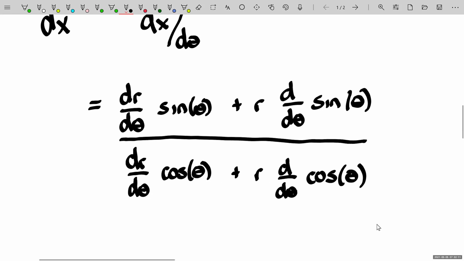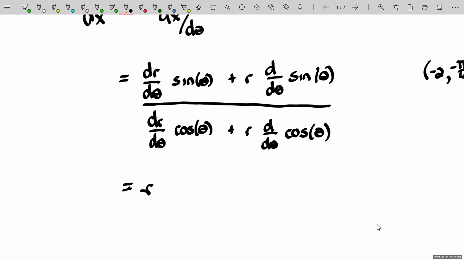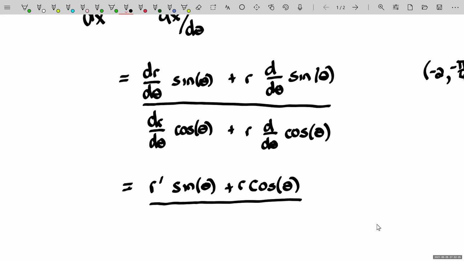Cleaning this up, we get r prime, which is how I'm going to write it, it's just easier. R prime sine of theta plus r cos of theta, divided by r prime cos of theta minus, because the derivative of the cosine is negative, r sine of theta.